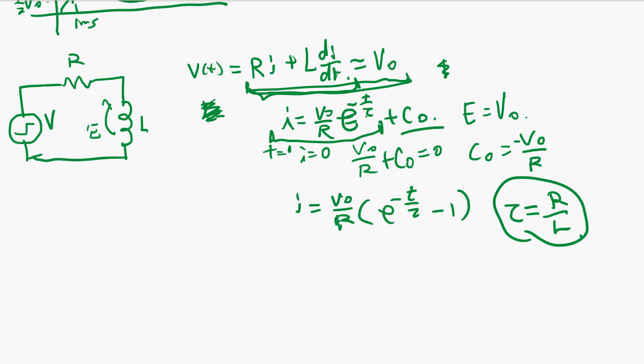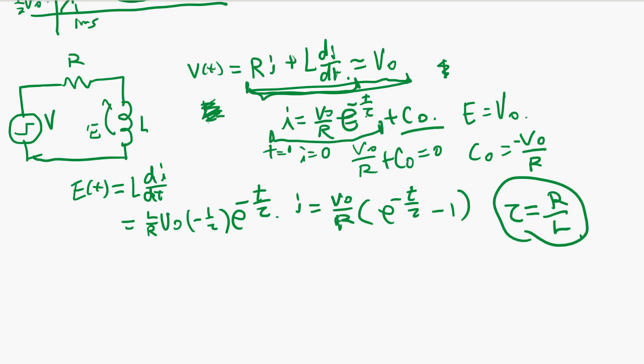Right. Okay. So now E t is what? L di dt. Right. So it's going to be L times V0 over R and minus 1 over tau, right?